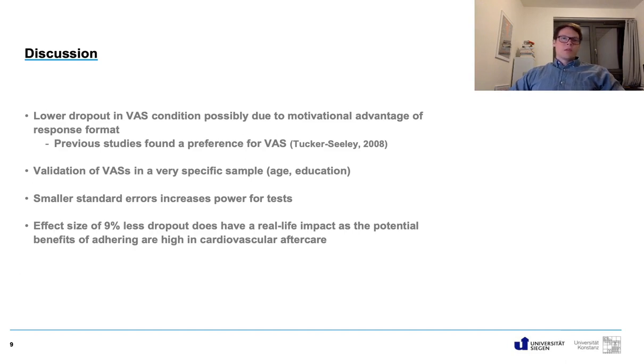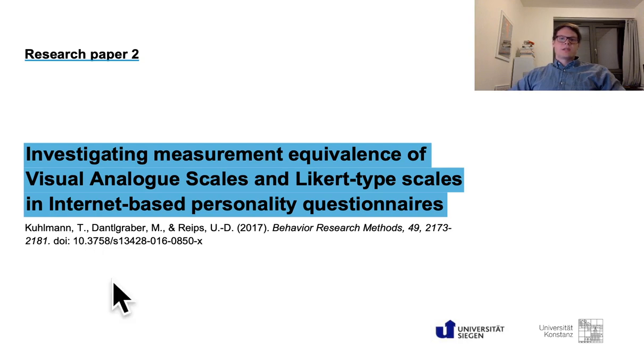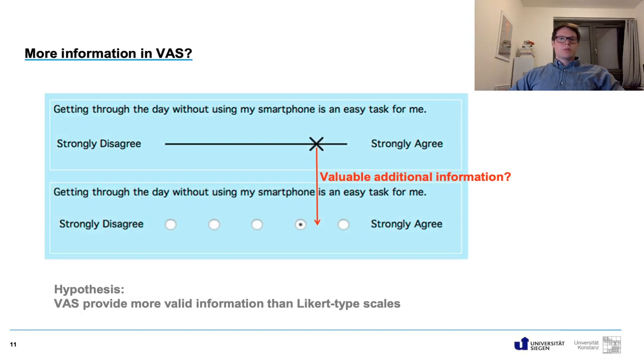Coming to the second paper, here we investigated visual analog scale and Likert type scales not in a lifestyle intervention, but in internet-based personality questionnaires. The question in this paper, which was published in Behavior Research Methods, was whether the more fine-grained answer that people can give on this scale is actually valuable additional information, or maybe it's just measurement error, or it might even confuse people if they get too many options.